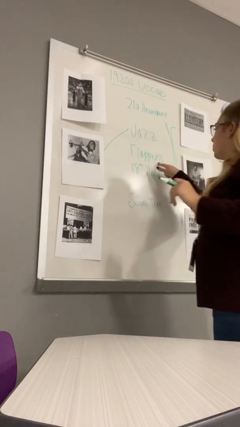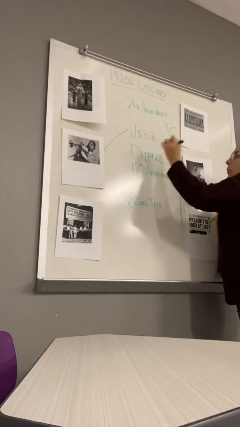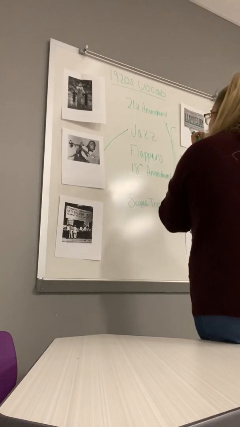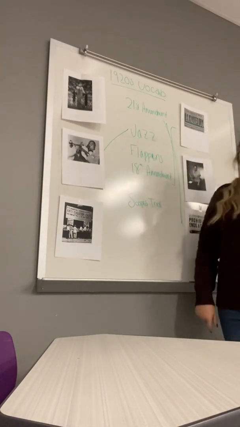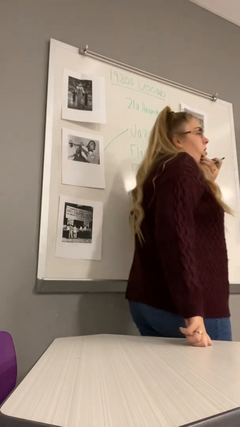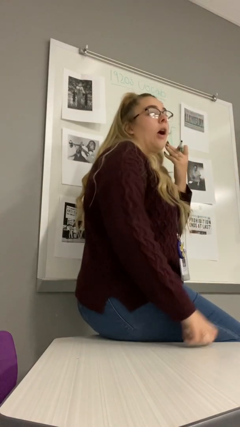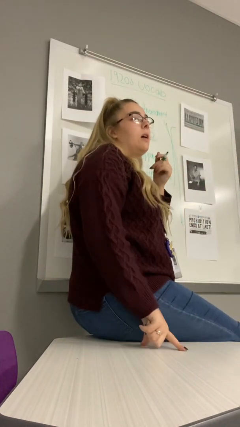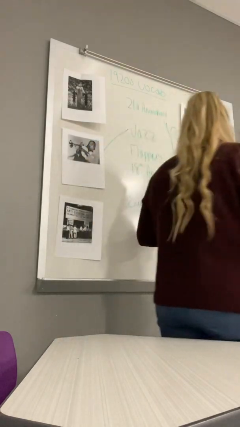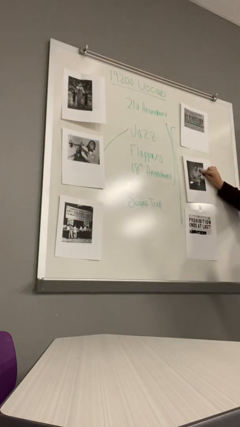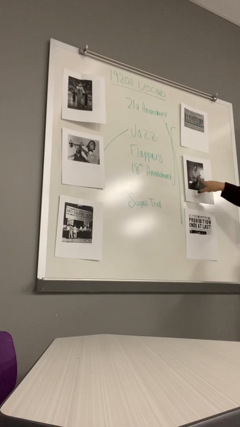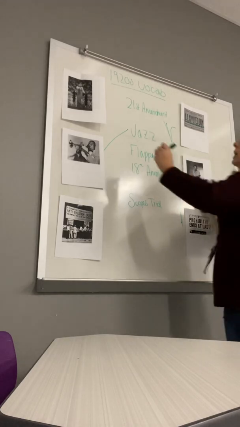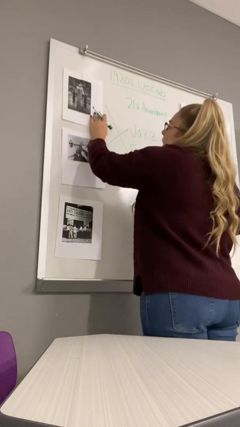All right, the next word is flappers. Now, which one of these pictures looks like something that would be a flapper? Does anybody know? All right, which one do you think it is, Michaela? All right, you think it's her? Good try, but it's actually this picture of this lady.